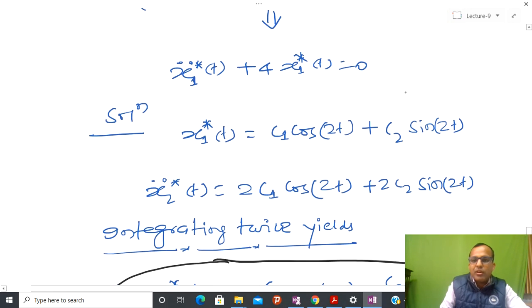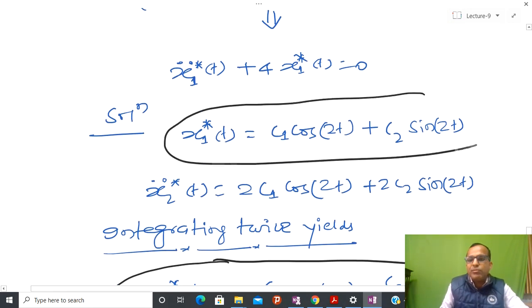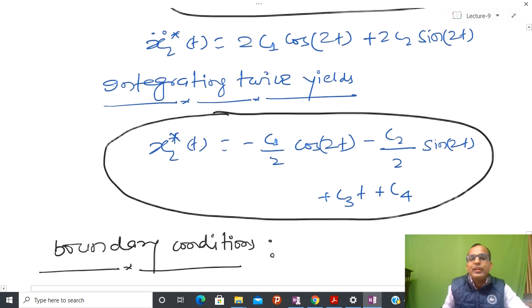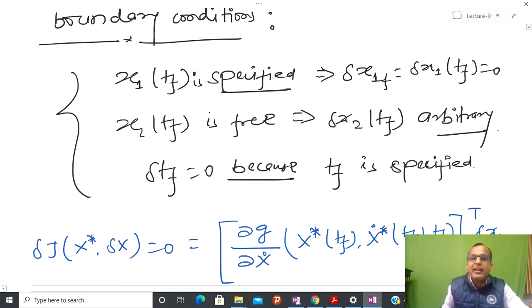So in terms of x1 I have this kind of curve, and now you have to calculate the boundary condition, and I have told you that x1 at tf is specified. So delta x1 at tf is 0, x2 at tf is free, so that is arbitrary, and delta tf is 0 because tf is specified, initial time is specified as well as final time is specified.